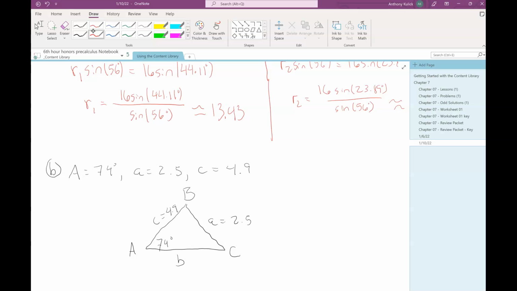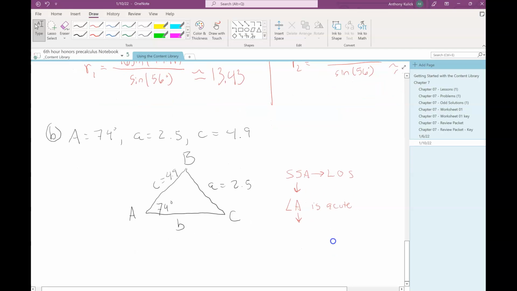What situation are we in? Side-side-angle. So we're going to be using the law of sines. But the side-side-angle situation requires some extra checks to figure out what's going on. So the angle that we're given, is that acute, right, or obtuse? Okay, that's acute.